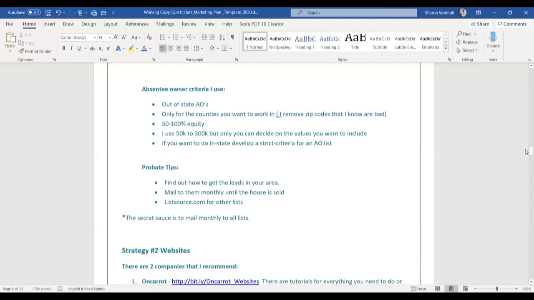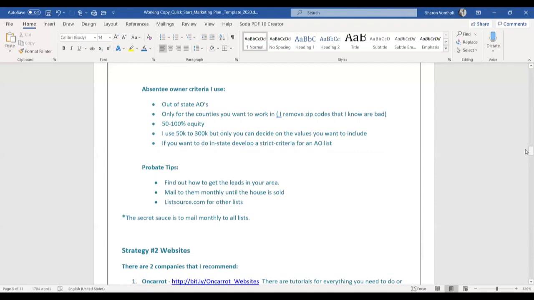The next thing that I do is only get the counties that I want to work in. So surrounding Louisville, Kentucky, Jefferson County is the main county. There are other counties, and I would remove any counties that got further away than what I wanted to travel to buy a house or to own property. Next, I would remove zip codes that I knew were bad zip codes, war zones, the downtown area where it was businesses, and any other areas that I was not going to want to own or wholesale rehab property in.